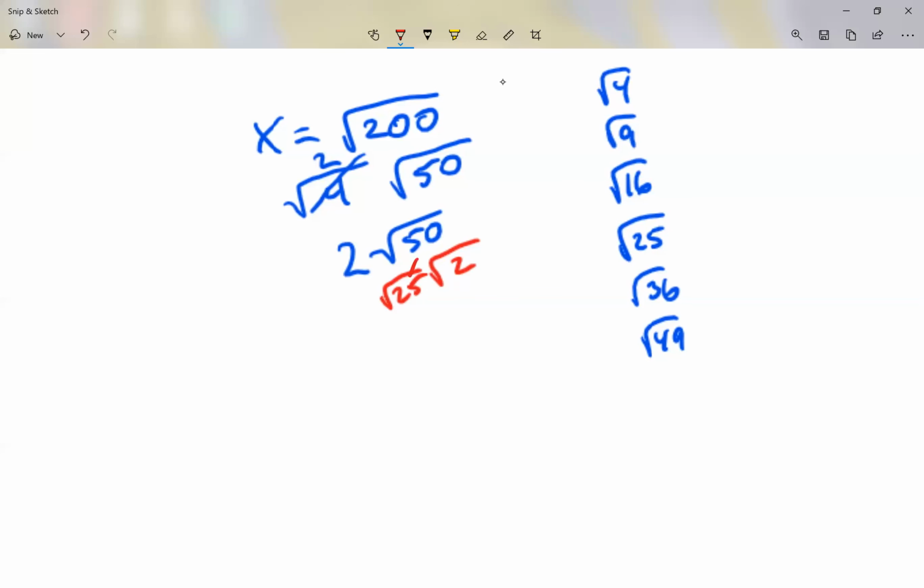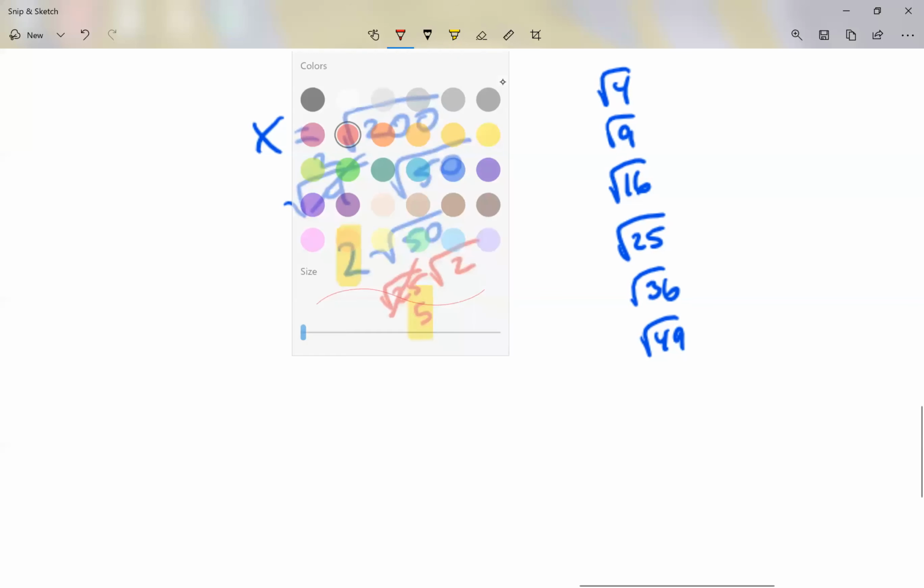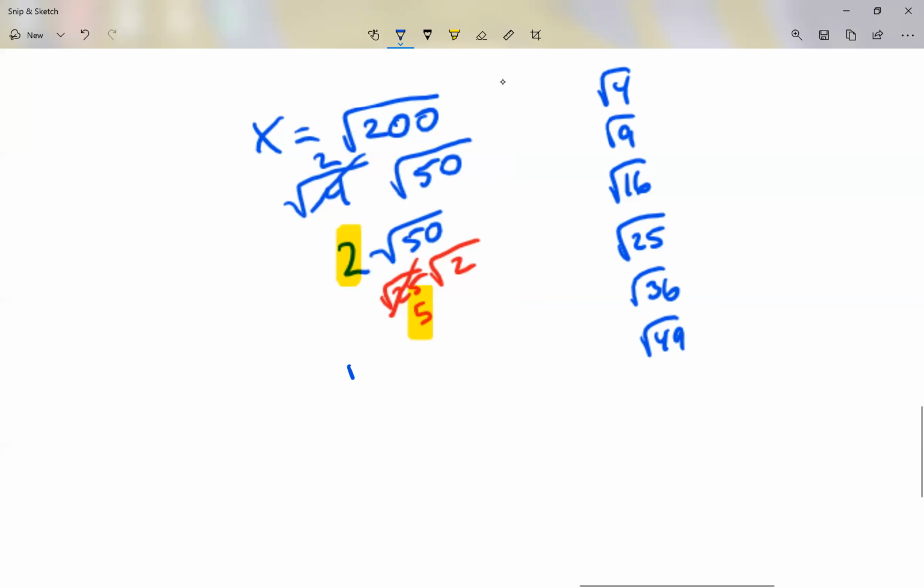Because I know the square root of 25 is 5. Now, there is a number on the outside already, so I'm just going to multiply those two. So that simplifies to 10 square root of 2.